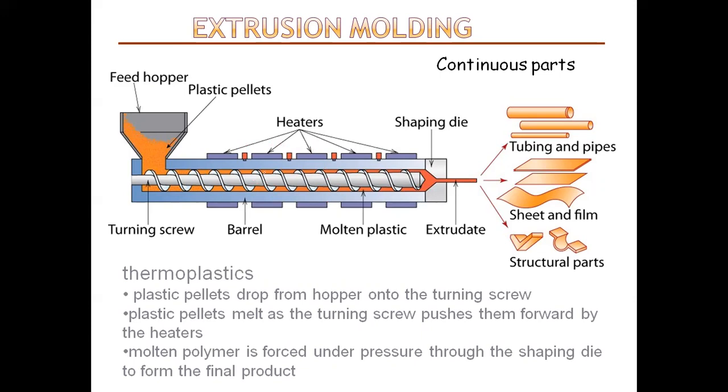This allows the plastic pellets to melt gradually as they are pushed through the barrel and lowers the risk of overheating, which may cause degradation in the polymer. That's why they are using PID control.